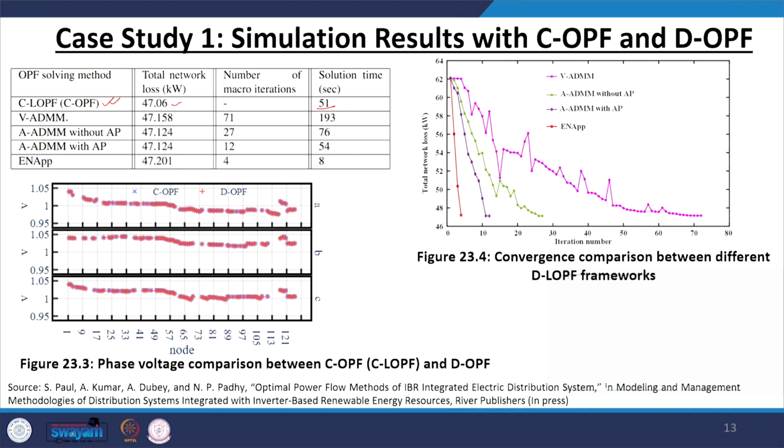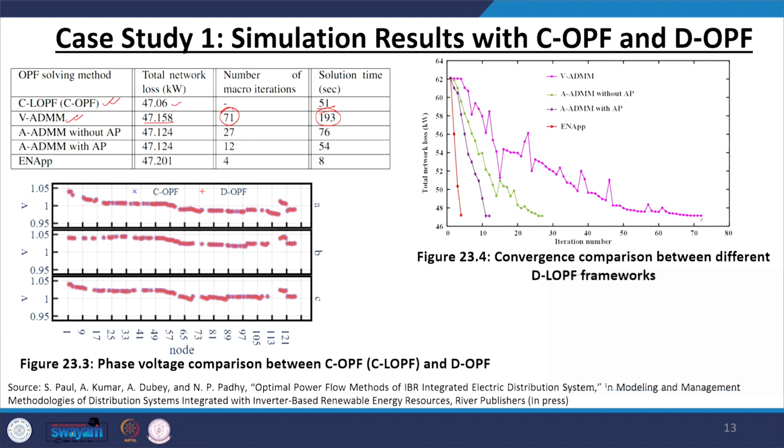Now, if you use vanilla ADMM, then you can see in the convergence curve that it is taking almost 71 macro iterations to complete, and it has reached a 47.158 kilowatt solution. So, that is somehow comparable, that is near, but the solution time has increased by almost 4 times.